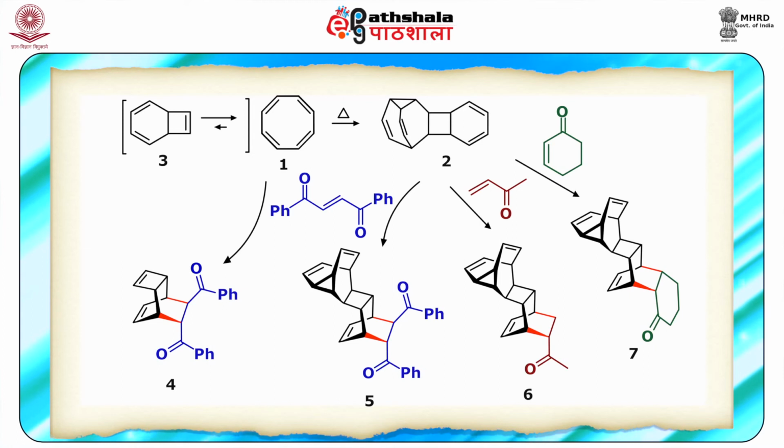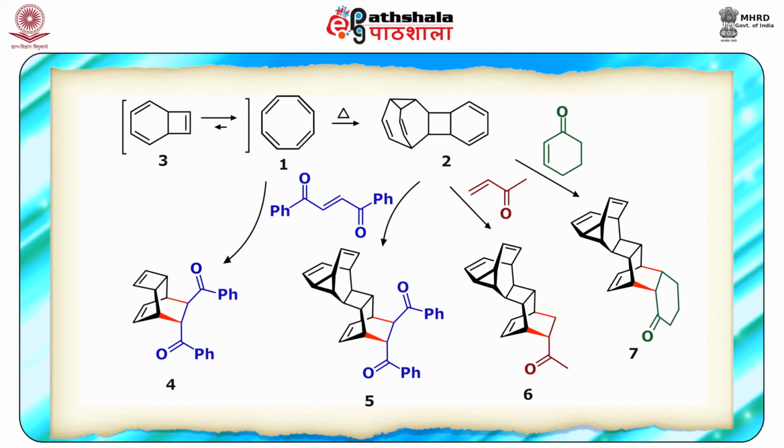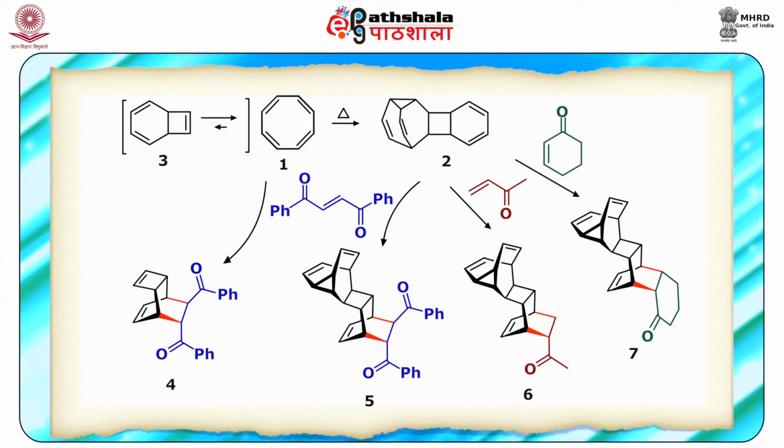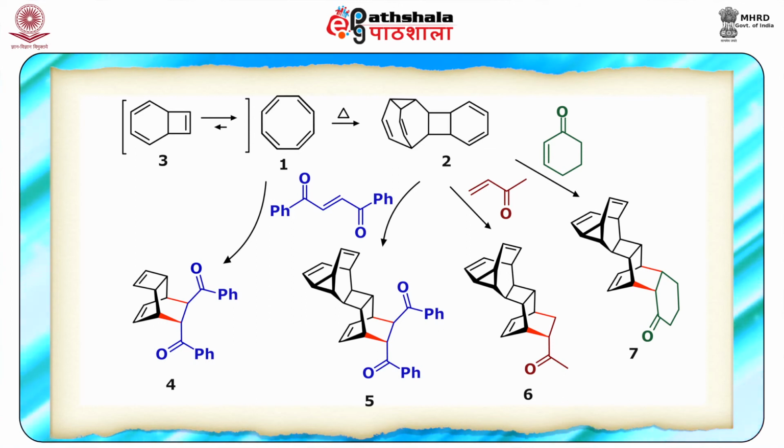It is also well known that structure 1 might undergo fast electrocyclic ring closure into its bicyclic valence tautomer number 3. But this electrocyclization is not thermodynamically favorable and thus only a small amount of structure 3 is present at equilibrium.